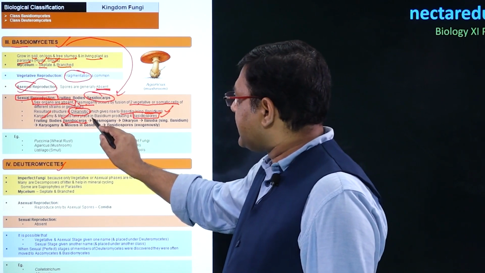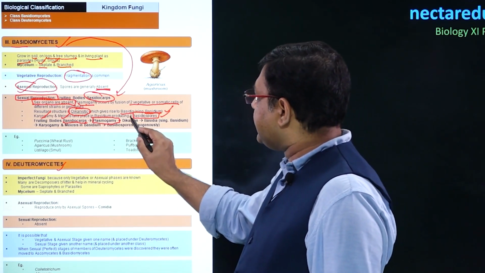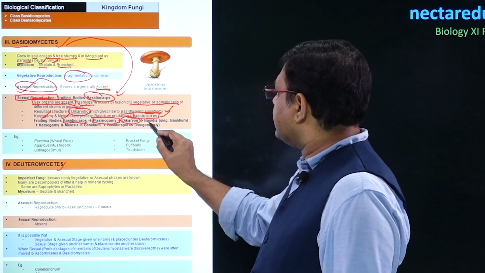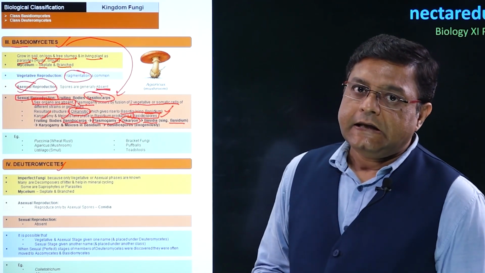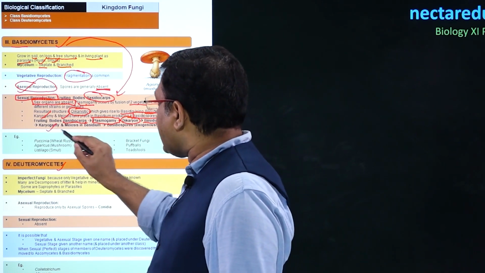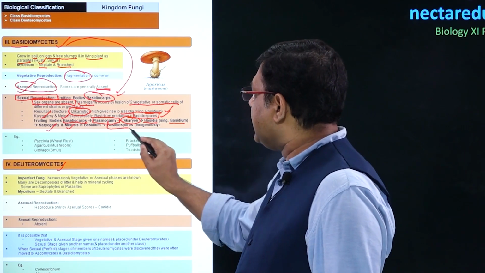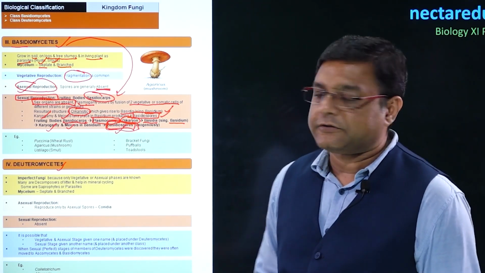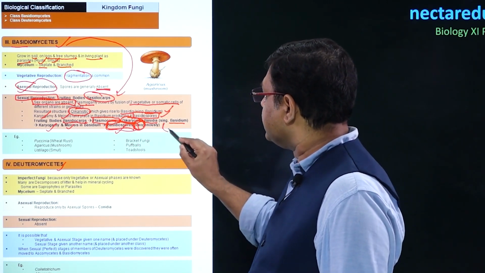The first step of sexual reproduction, plasmogamy, happened. It resulted in the formation of dikaryon, which further resulted in the formation of basidia or basidium. In this basidium, there will be karyogamy and meiosis, and finally the spores which will be produced will be called basidiospores, and the formation of basidiospores is exogenous.